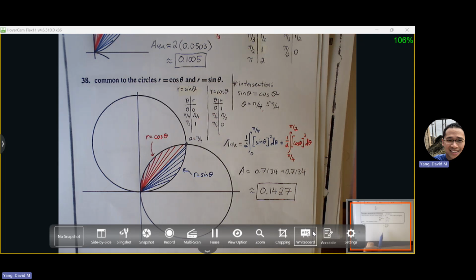And then from pi over 4 to pi over 2, I can hit the r equals cosine theta to find the area of that region in red.